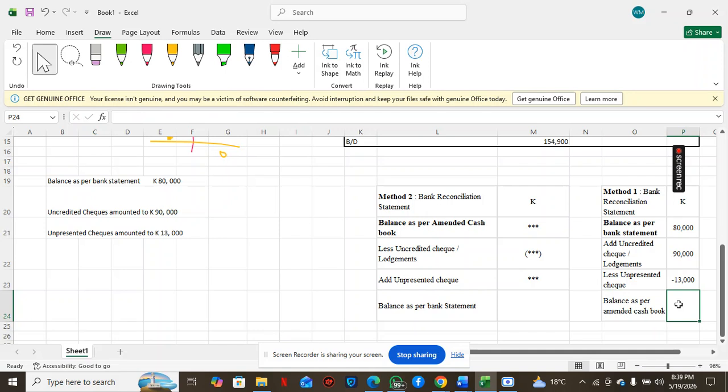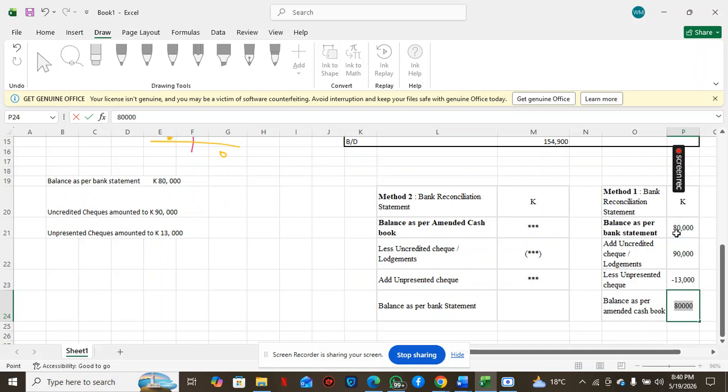Because in bank reconciliation, the bank statement and the cash book balances have to be equal. So when you start with the balance of the bank statement, you need to end with the balance of the amended cash book.